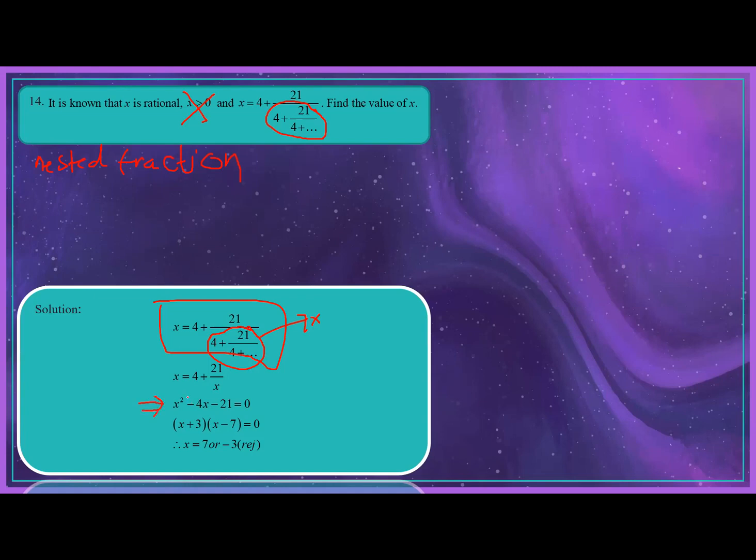Now you have x squared minus 4x minus 21 equals 0. Factoring this out and solving for x, you have two different values: x equals negative 3 and x equals 7.